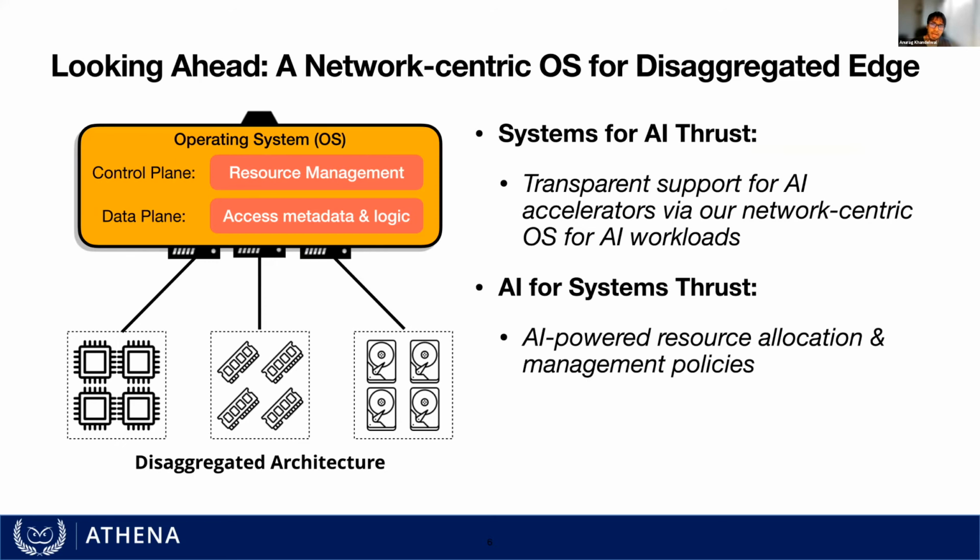And the second subthrust is AI for systems, where we want to leverage the AI technologies that our amazing colleagues on the AI side of things are developing to perform much smarter allocation of resources and resource management policies. So let me briefly go into the details of each of these subthrusts.